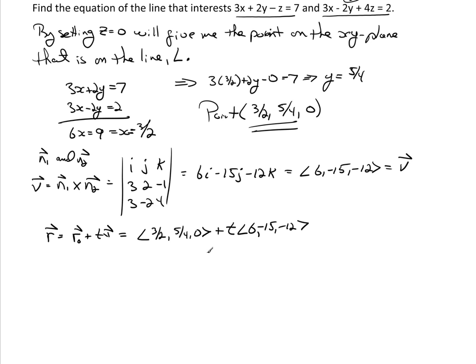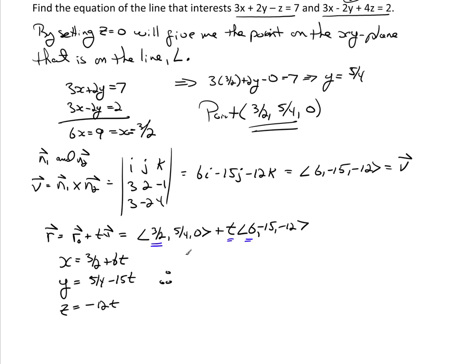Now, if I go ahead and write these in parametric form, I see that x is equal to 3/2 plus 6t. If you don't see it, here's my 3/2. This is my 6t. Y is then equal to 5/4 minus 15t, and z is then equal to negative 12t.